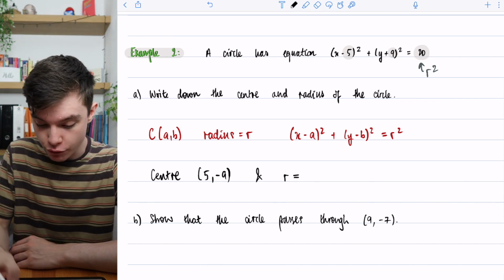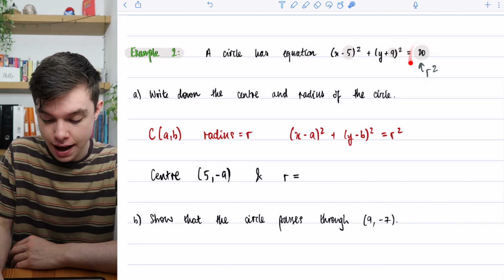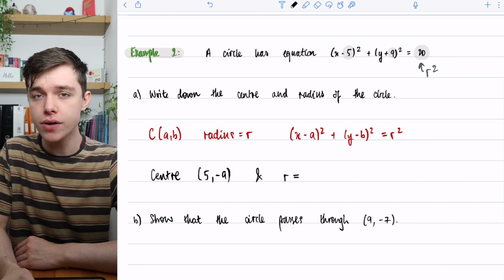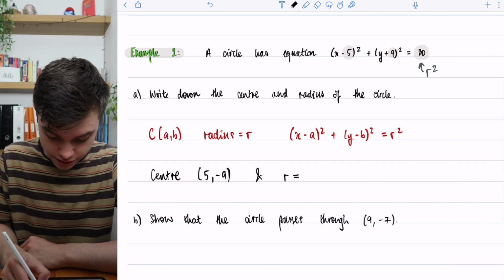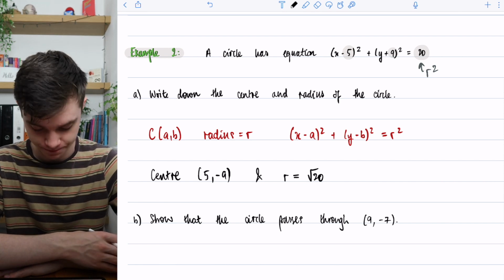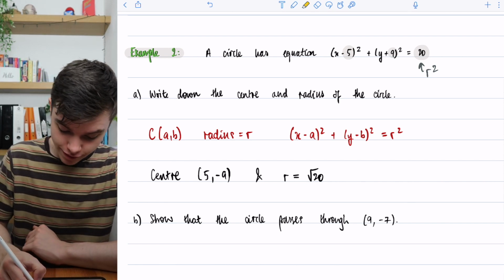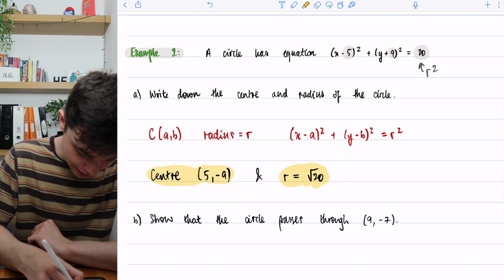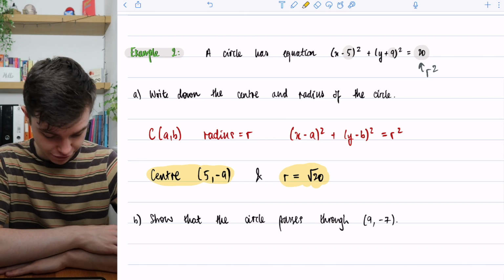We're going to square root the number here because that's r squared. The radius squared is 20, so what's the radius? The radius has to be positive because it's a length, so it's going to be the square root of 20, the positive square root. Okay, that's your final answer for part A. There's the radius and then there is the centre. Okay, so quite straightforward so far.